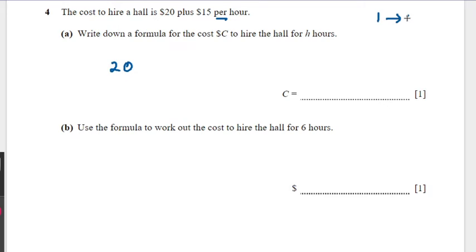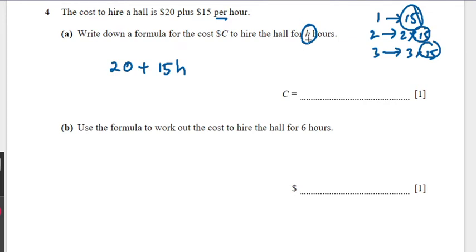1 hour means $15. 2 hours means 2 times 15. 3 hours means 3 times 15. So this 15, you must multiply with the number of hours. With that 20 you add 15h, because here they ask you to use h.